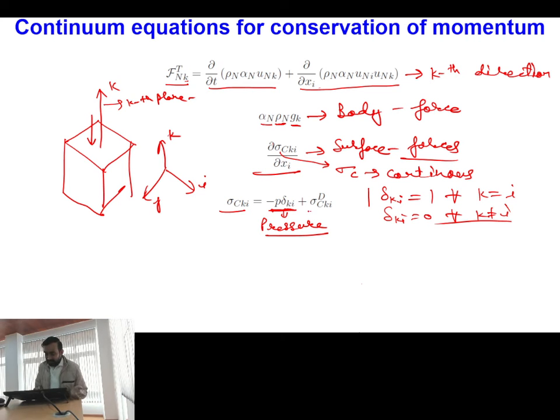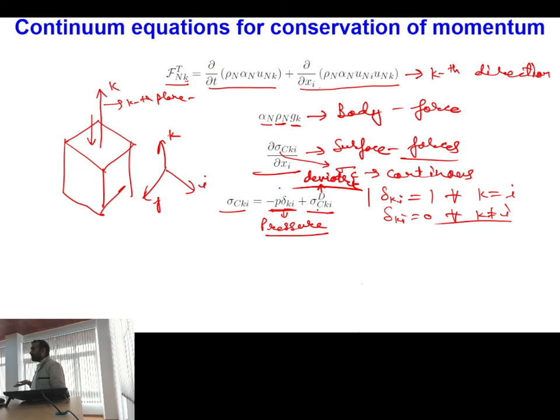Then we have the second term, sigma CKI. This is sigma for the continuous phase, and the superscript D represents that here we are considering the deviatoric part of the stress tensor. The deviatoric part is the part which comes because of the viscous effects.